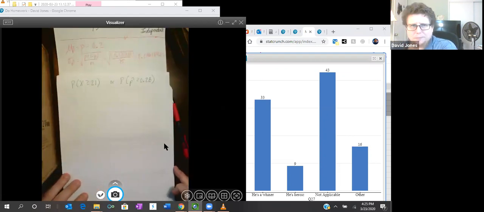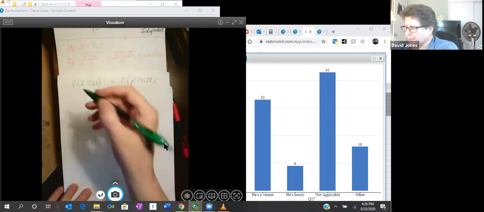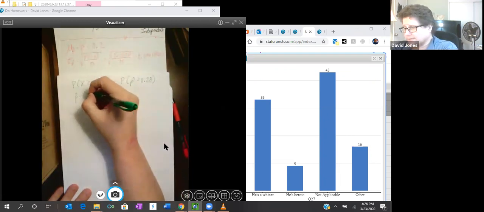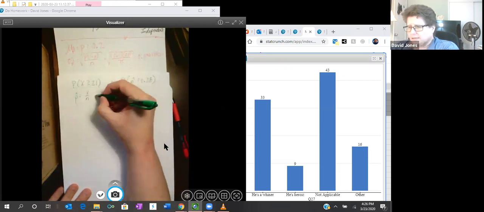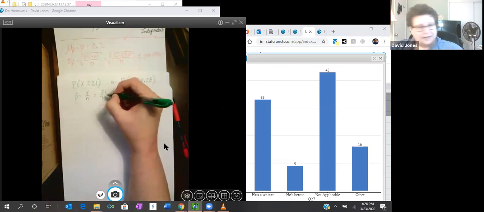Where did they get that 0.28? They gave us 21. Well, remember p hat is x over n. So we're looking at 21, which is the x they're talking about, over 75.